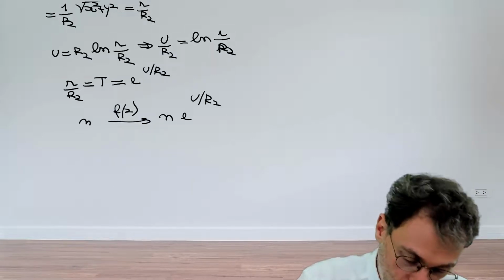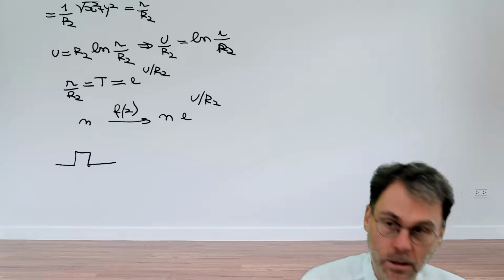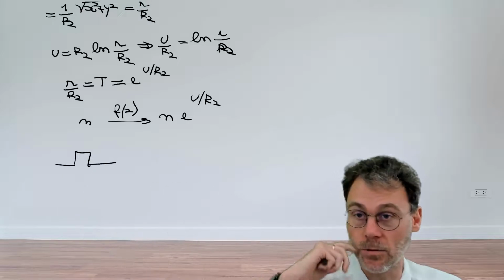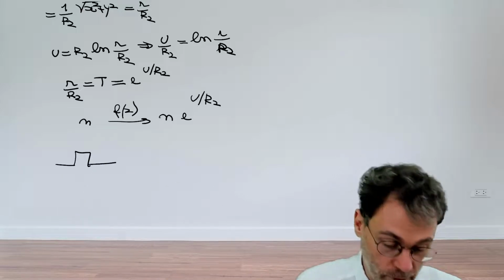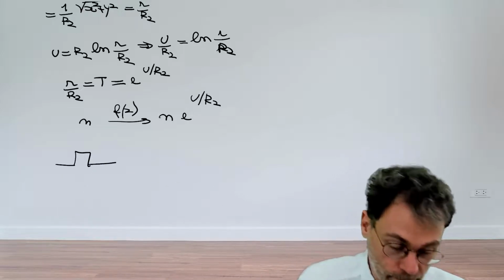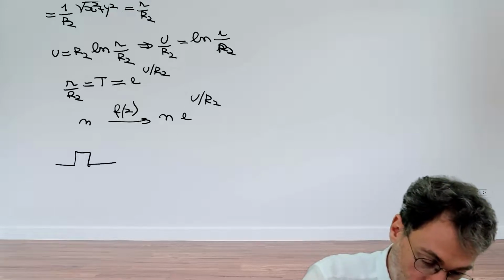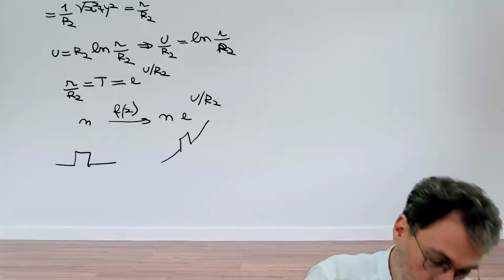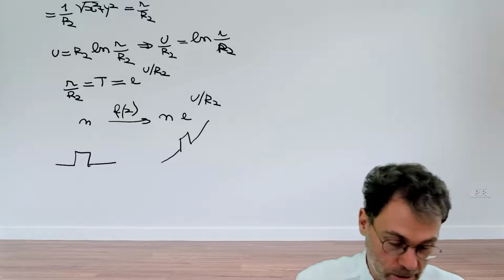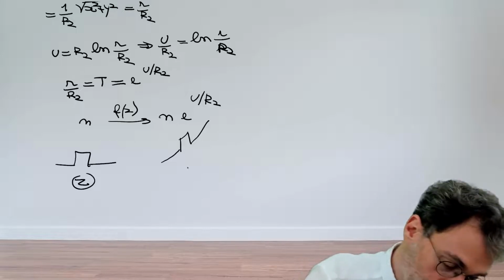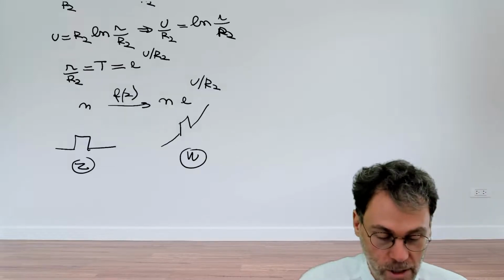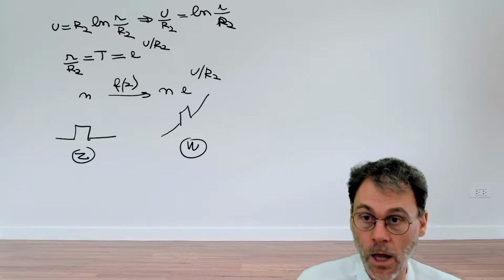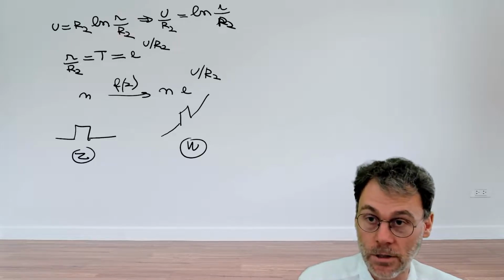So what this means is that if we start out from an index profile that looks like this, with just a core index and cladding indices which are lower, if we transform that using our logarithm, the price we pay for that is that the index profile gets multiplied by an exponential. So if I try to draw it, that looks something like this. So this is the z-plane and this is the w-plane. So the index profile gets skewed very much. So how does this help us?